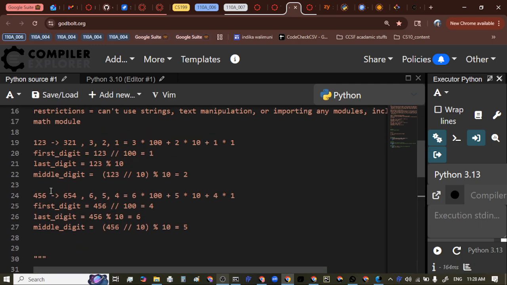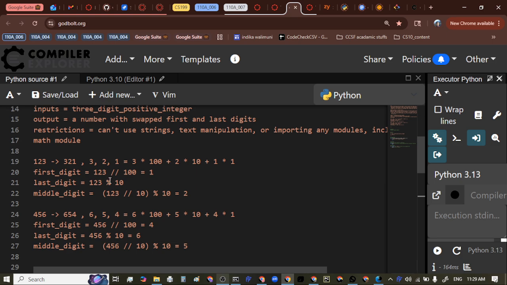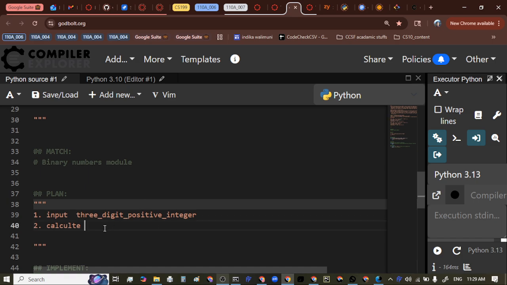I'm going to copy this, I can simply copy the entire line, and then I'm going to change that, guys, just to save time. Calculate first digit by basically this operation, because that's my input, 3D positive integer.